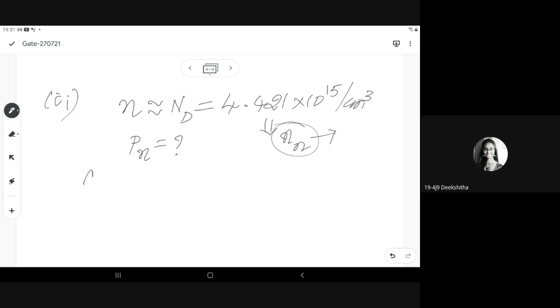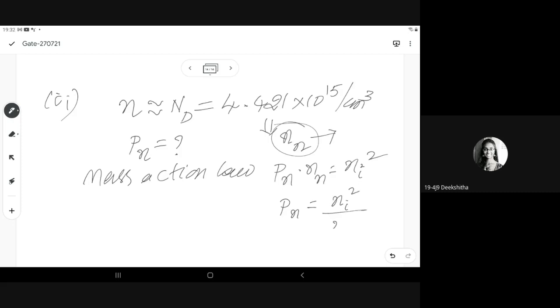Using the mass action law, Pn into nn is equal to ni square. So to calculate the minority charge carriers, it is the square of the intrinsic concentration divided by the majority carrier concentration. So Pn is equal to ni square by nn. What is ni they have given, the intrinsic concentration? The value they have given is 2.5 into 10 power 13.